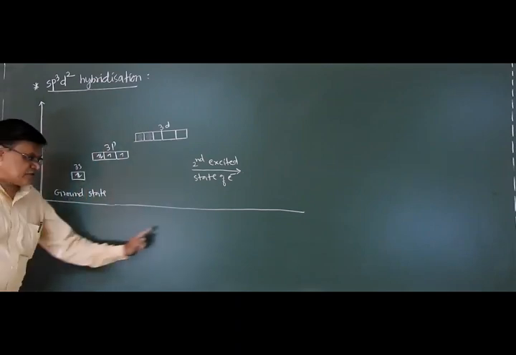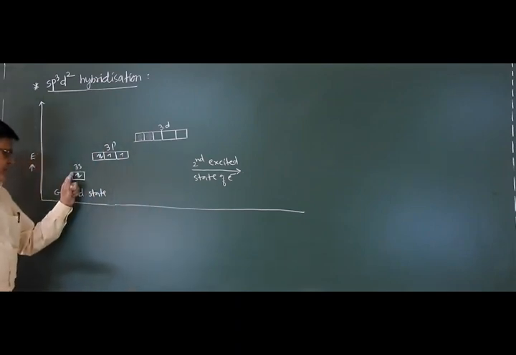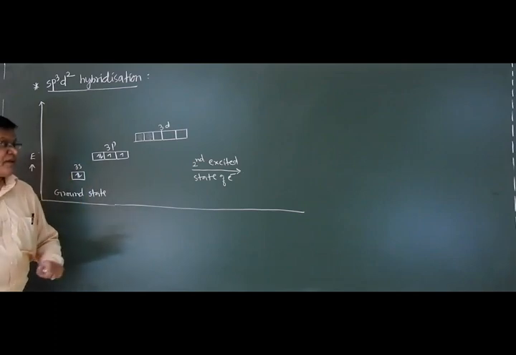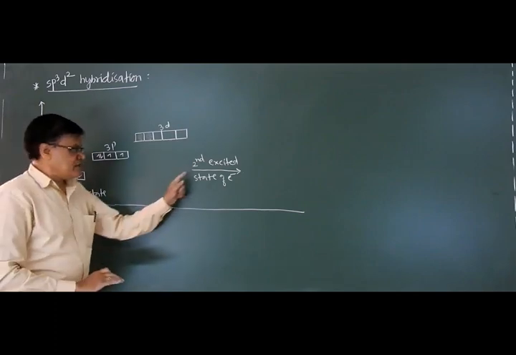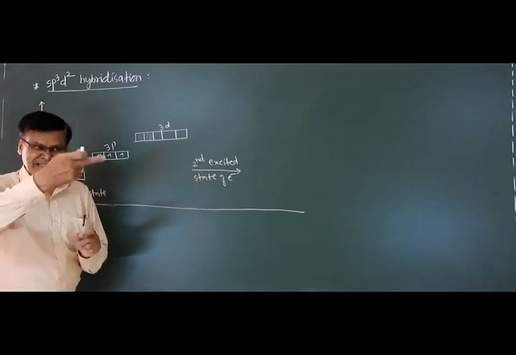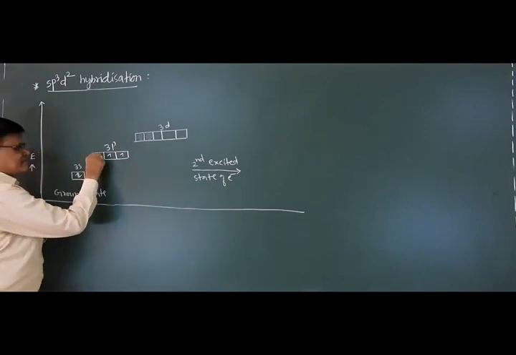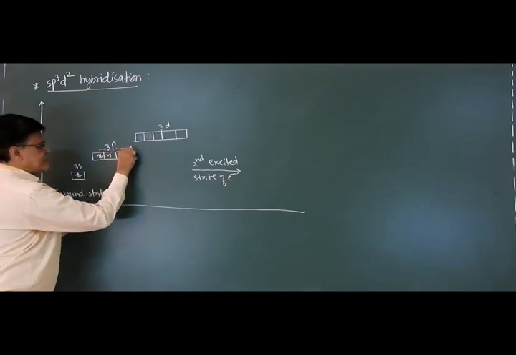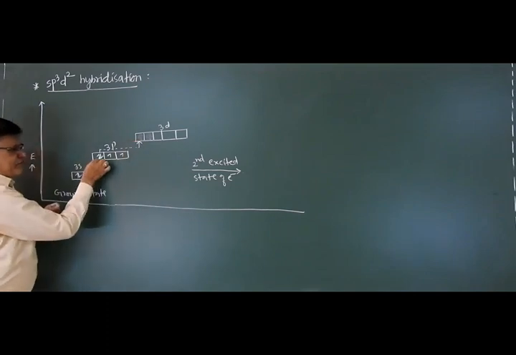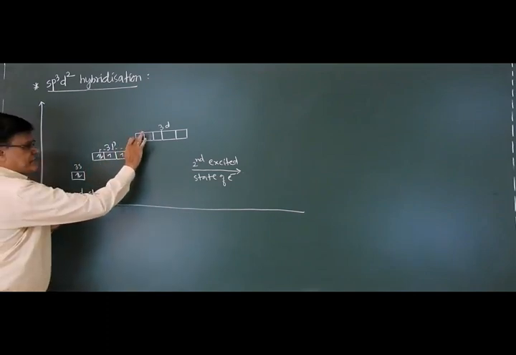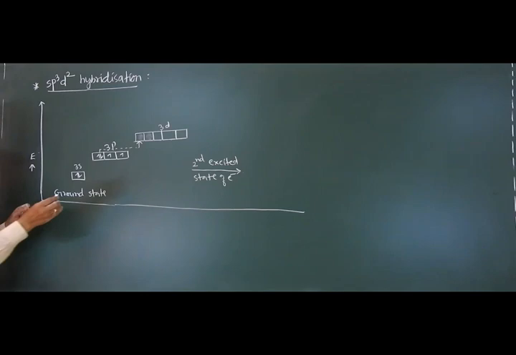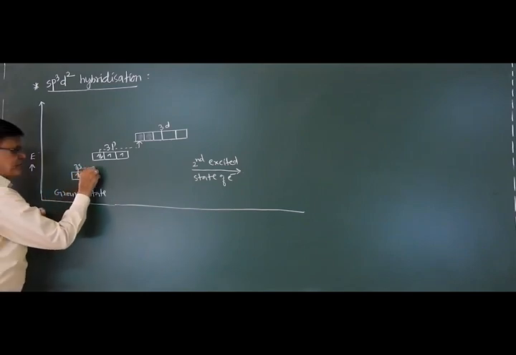See, I just wrote 3s2, 3p4. Clear? Now second excited state means first excited state. I will do the first excited state: 1 electron promotes from here to here. This is the first excited state. For the second excited state, 1 electron promotes from here to here.